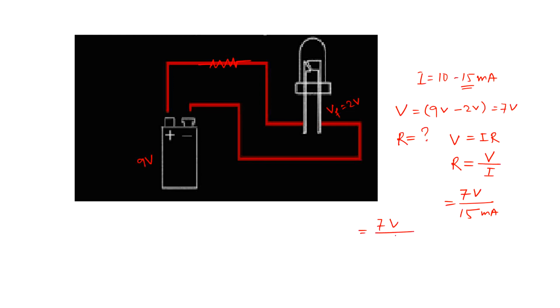So 7 volts divided by 15 times 10 to the power minus 3 amps. This becomes 7 times 10 to the power 3 divided by 15, which is 7000 divided by 15. This comes to roughly 466 ohms. So for this particular LED to glow, the resistance value we need is 466 ohms. We have calculated this.